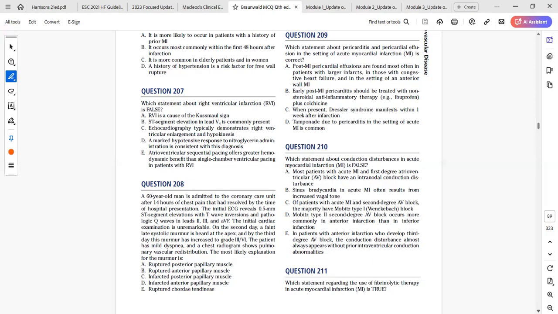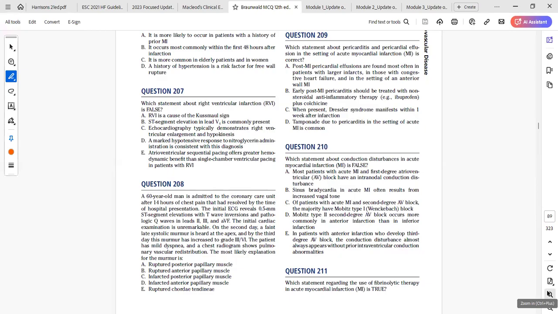Most patients with acute MI and first degree AV block have an intranodal conduction disturbance. Which is false. I'm sorry, I'm trying to check again. I think I made a mistake, because option A is also most patients with acute MI and first degree AV block have an intranodal conduction disturbance. That option is also true.